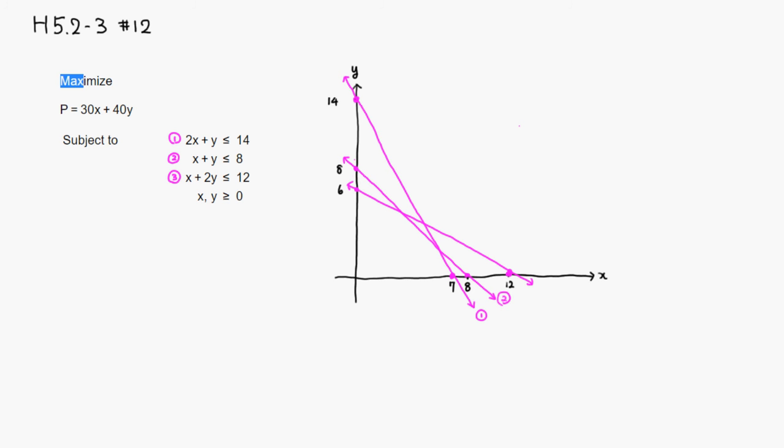Then you can try 0, 0, the origin. Usually we check this side. 0, 0 actually satisfies all three inequalities, so you have to shade the side that has the origin in it. It looks like we're talking about this region right here.